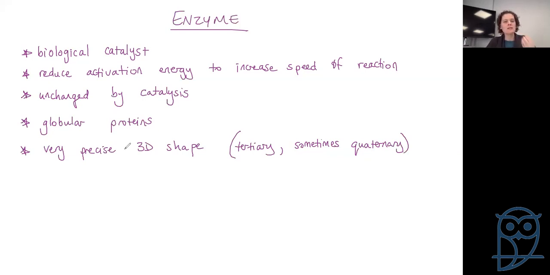What is special about this specific precise shape, in particular for an enzyme, is not just a globular protein, not just a precise shape, it's this active site. Okay, what is the active site? The active site is a cleft or a depression.